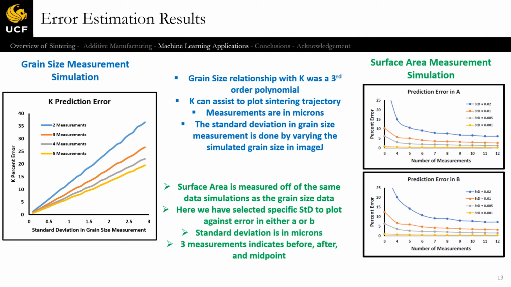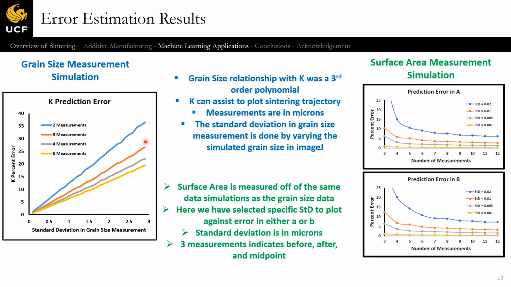From that data generated by the code that we just saw, we can analyze it and create sintering trajectory predictions using grain size measurement and surface area measurement. In this graph, we can see the prediction error in K as a percentage, based on the standard deviation in the grain size measurement. We can see that you get diminishing results the more measurements you take.